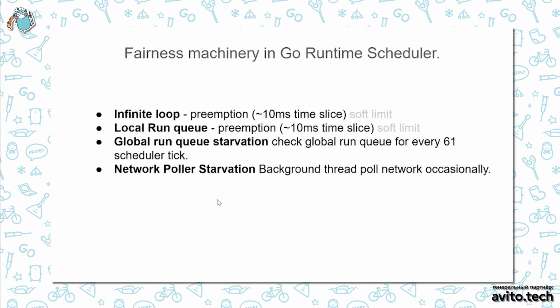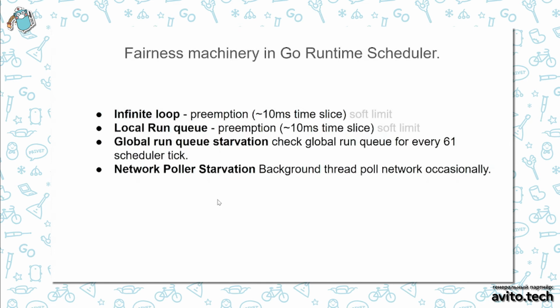So here are the typical fairness constraints in the Go runtime scheduler as of now. Any goroutine running for more than 10 milliseconds is marked as preemptible. Again, this is a soft limit, but the preemption is only done at the function prologue. Go currently uses compiler-inserted cooperative preemption points in function prologues. So if you have an infinite loop, again this preemption point is a 10 millisecond time slice.